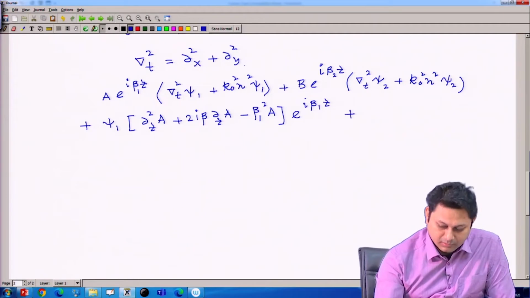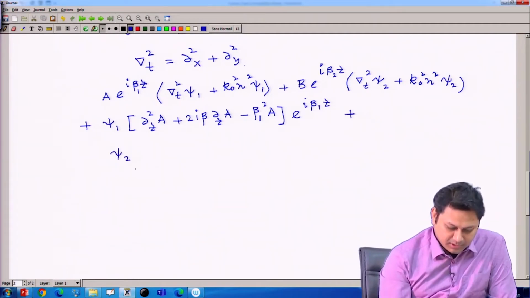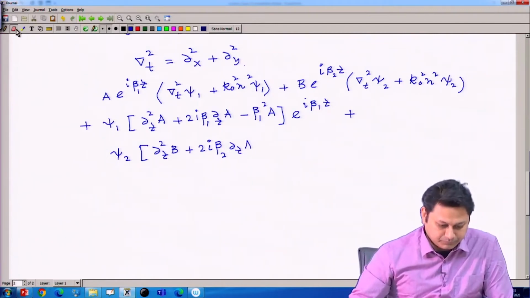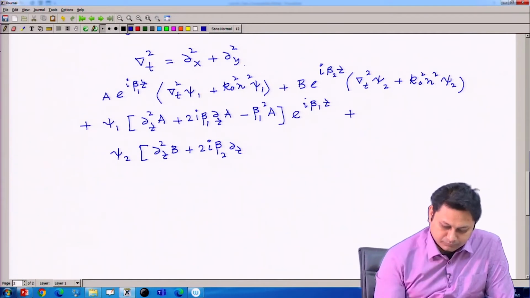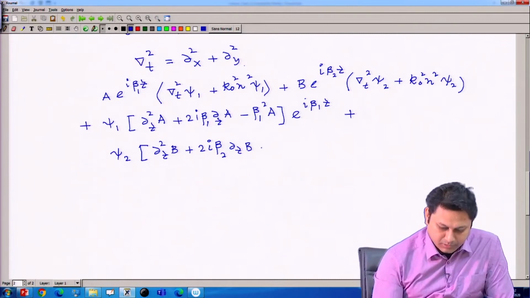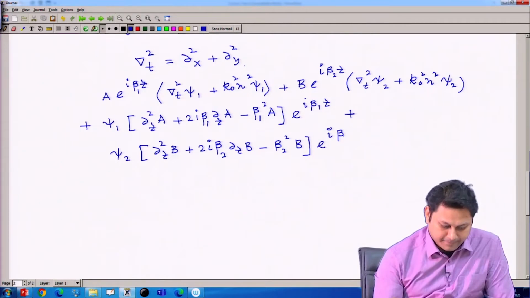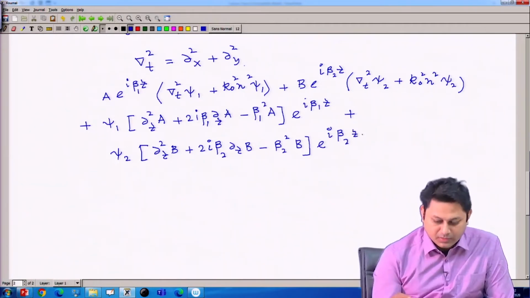That is one term, plus another term exactly similar, with 2 and b, minus beta 2 square b e to the power of I beta 2 z. This thing will be equal to 0.